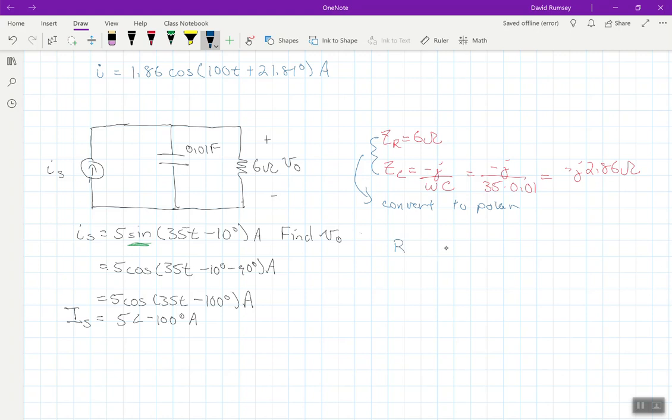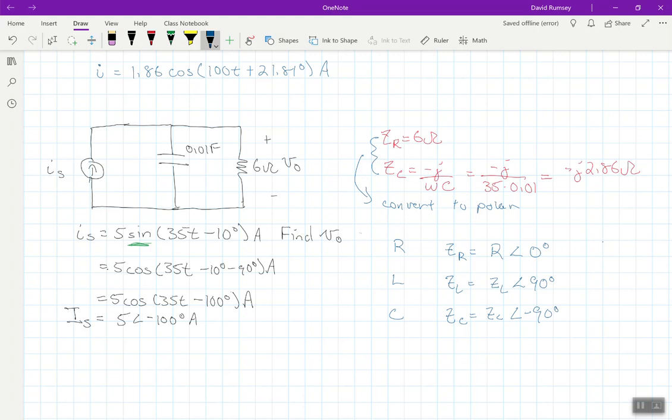If you have a resistor, Z sub R in polar form is going to be R at an angle of 0 degrees. If you have an inductor, the polar form will be whatever the impedance is you computed for the inductor at an angle of 90 degrees. And if you have a capacitor, it's going to be the capacitance impedance at an angle of minus 90 degrees.